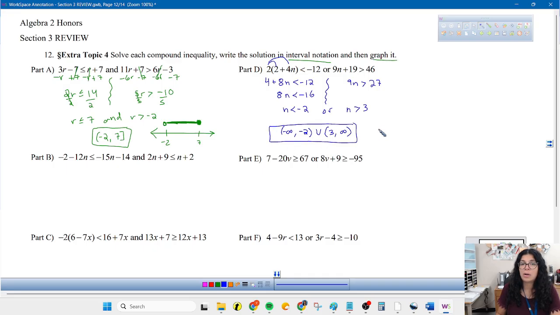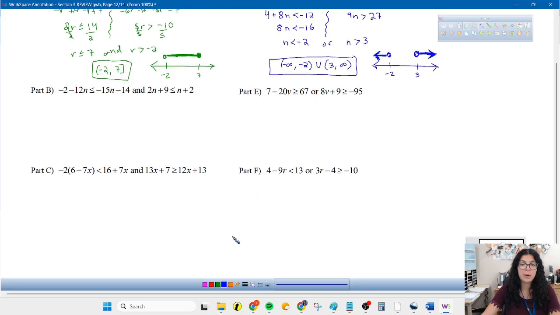So if I were to graph that on a number line, this would be an open circle on negative 2 and shading all of the numbers that are less than that. Or another part of the solution is an open circle on 3, and then all the numbers to the right of 3 are a part of the solution as well.